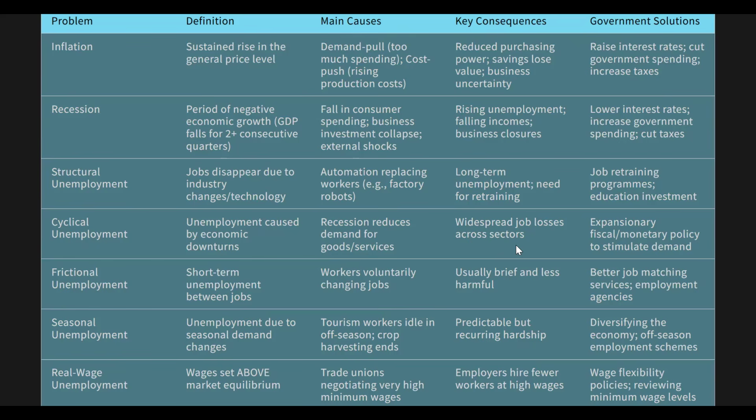Real wage unemployment. Trade unions decide to negotiate, they want higher pay. The businesses agree. But now that the pay is higher, they can't afford to pay everybody.